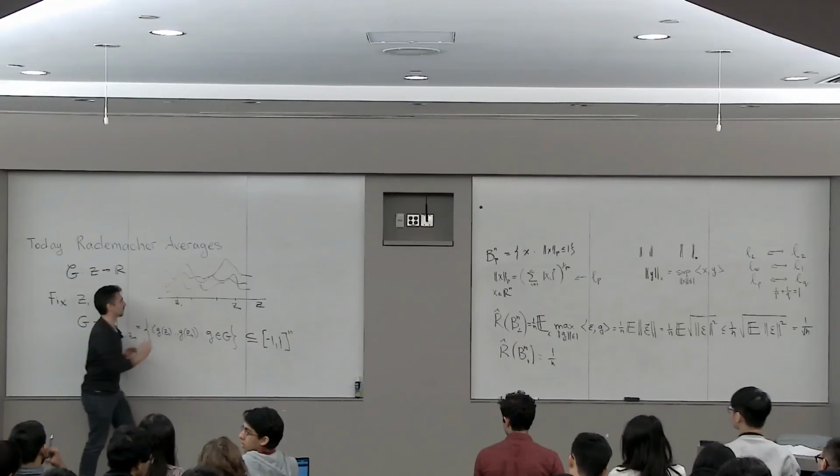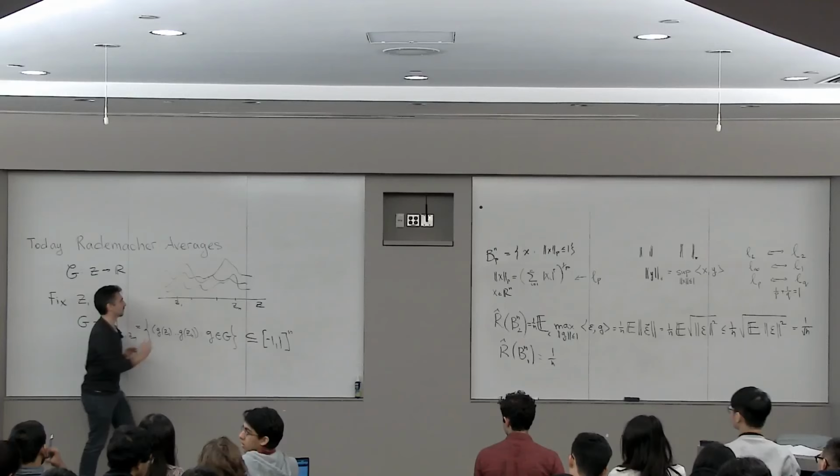And the claim is that the expected max, or sup, over g in calligraphic G, of the expected g of Z minus the average, is upper bounded, and by the way, also lower bounded with a different constant, by 2 times the expectation over Z1 through Zn, of the same quantity.